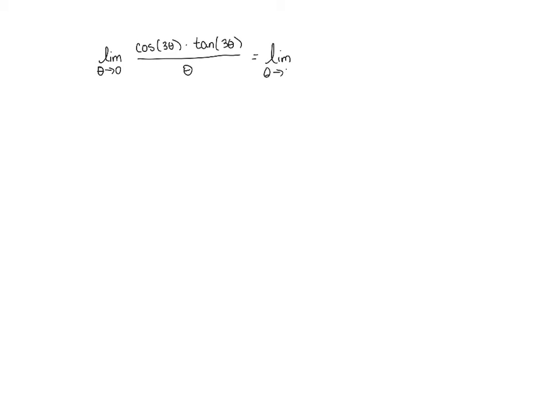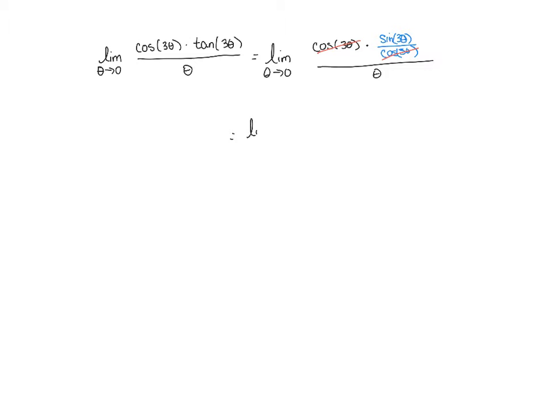So the first thing that we're going to do is convert tangent of 3 theta to sine of 3 theta divided by cosine of 3 theta, and leave everything else exactly the same. And what that allows us to do is cancel out the 3 thetas.